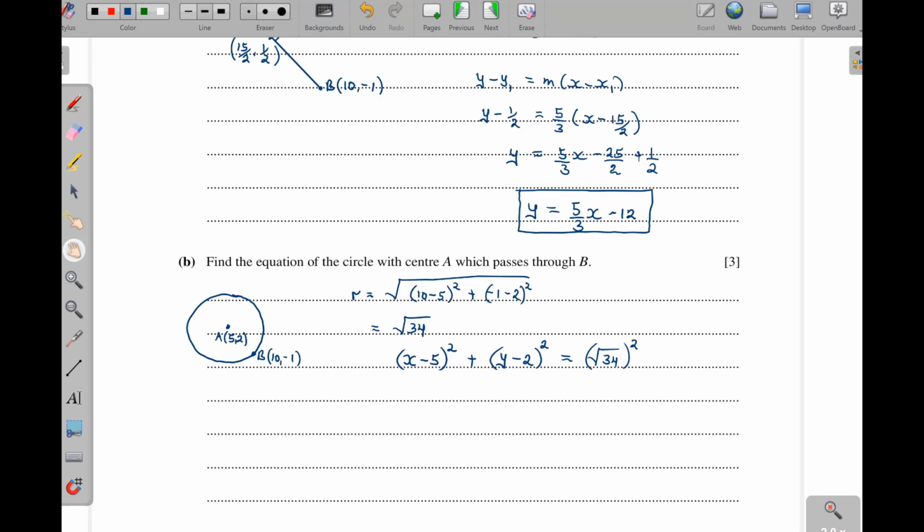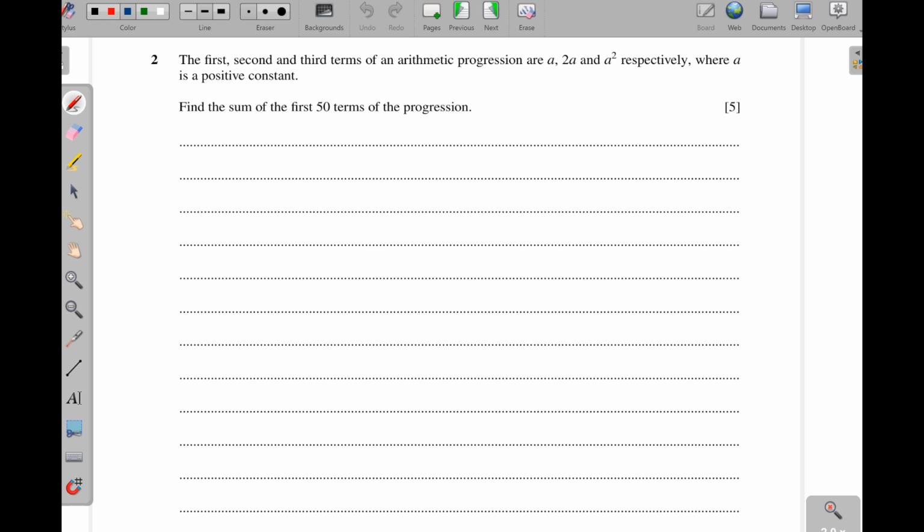Then altogether, we get our answer as x minus 5 squared, plus y minus 2 squared, which is equal to 34. That is that.